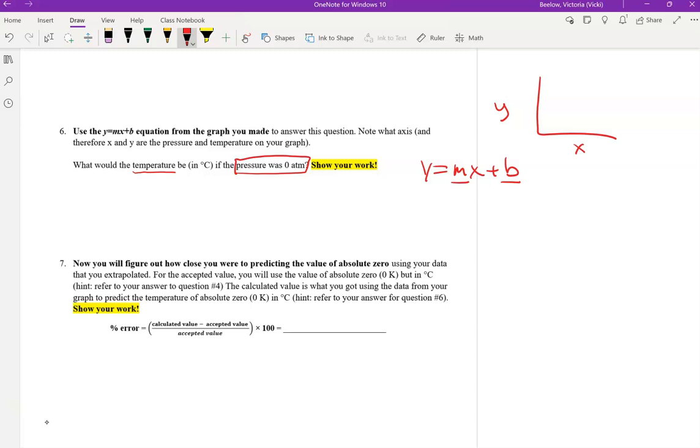That will tell you what the temperature would be in degrees Celsius if you were at absolute zero. Then that value is what you're going to compare to the accepted value, and you're going to see how close you were to figuring that out.